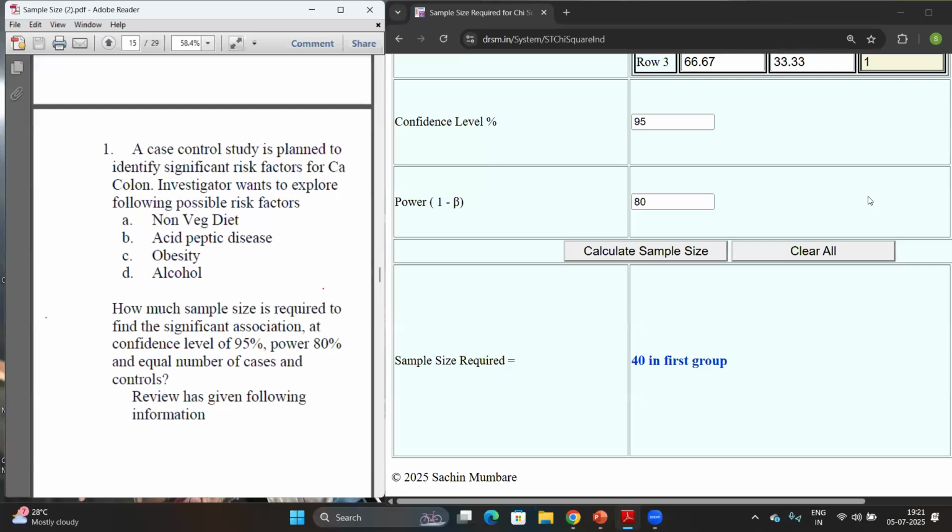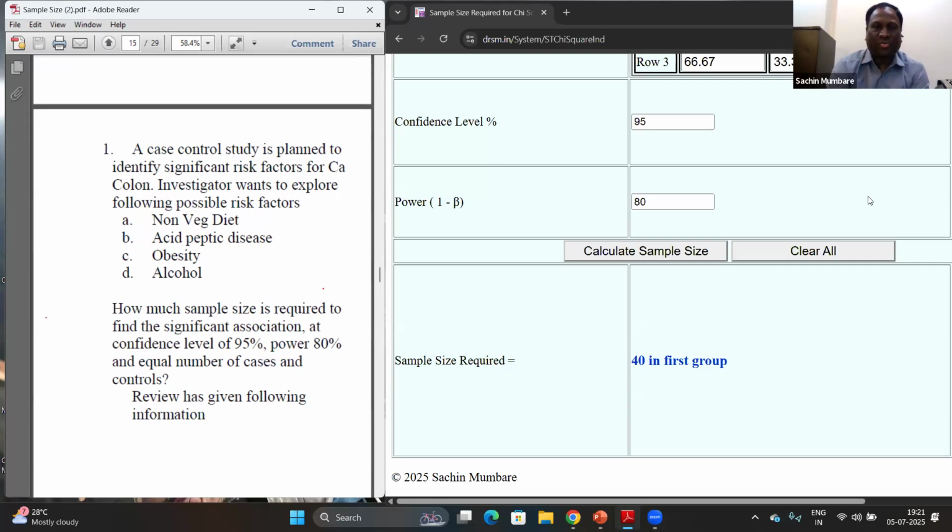For example, if you want to do a case control study to identify significant risk factors for CA colon, the investigator can explore multiple risk factors.